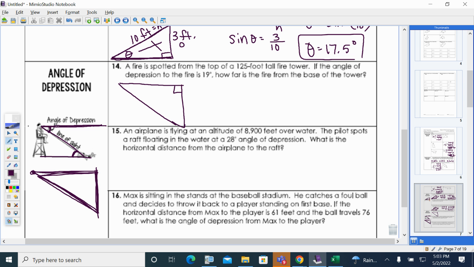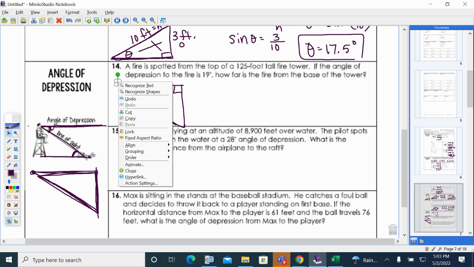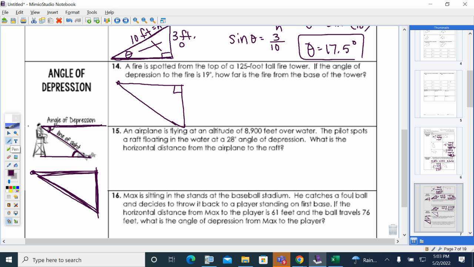the fire is spotted from the top of a 125-foot tall fire tower. So I know that this is where I'm looking, but the 125 feet goes here because it's the vertical. Your fire tower is the vertical part. The angle of depression is 19 degrees. That always goes up there at that top.